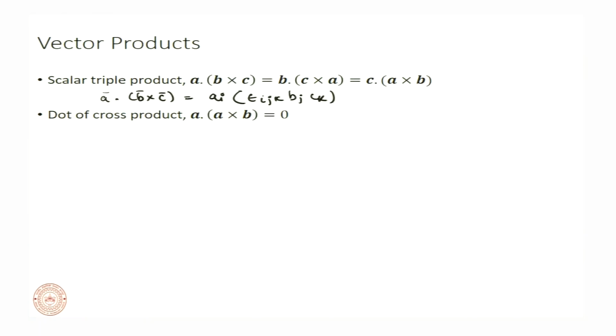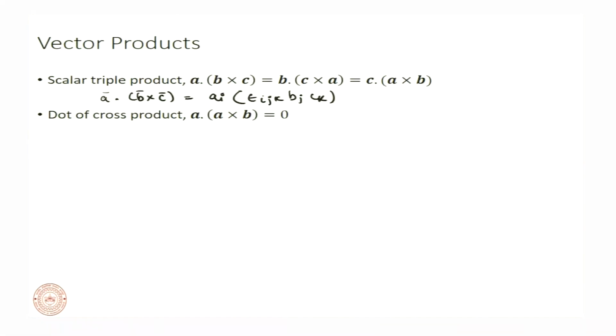Likewise, you could do the same with b_i epsilon_ijk c_j a_k, and so on. Give it a try and see if they are equal. You have to use the property of this.